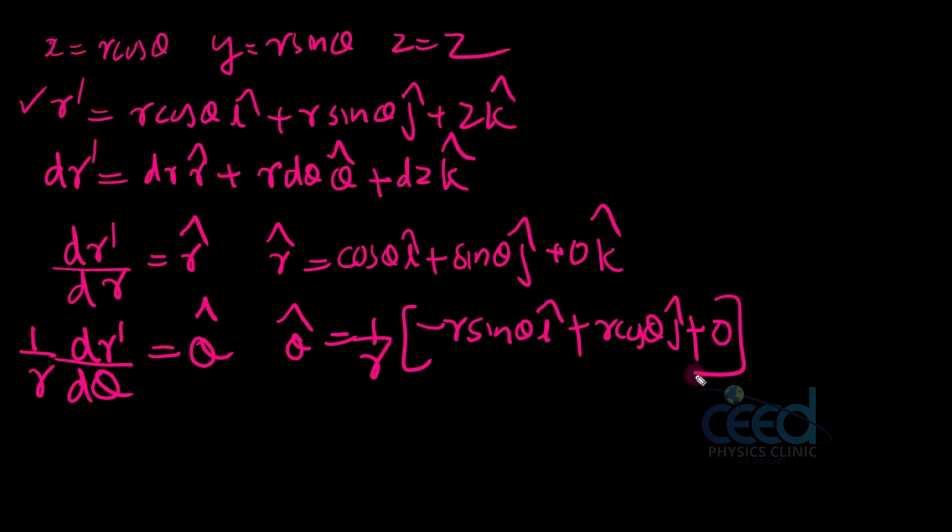Now similarly, the unit vector along z is defined as dr' by dz. If I find dr' by dz from this equation, it is equal to k cap.